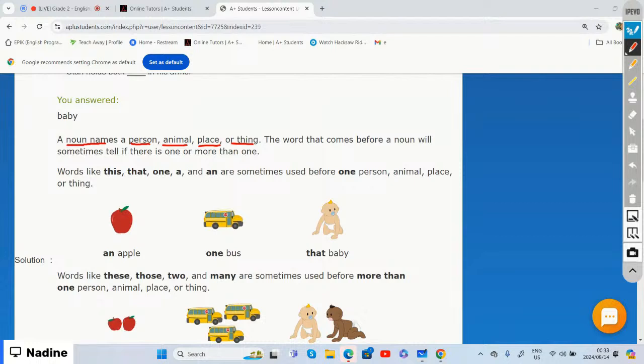So which means that if we refer to more than one person, animal, place, or thing, we say it is plural nouns. If we're only referring to one person, animal, place, or thing, we're referring to it being singular. Only one, singular.